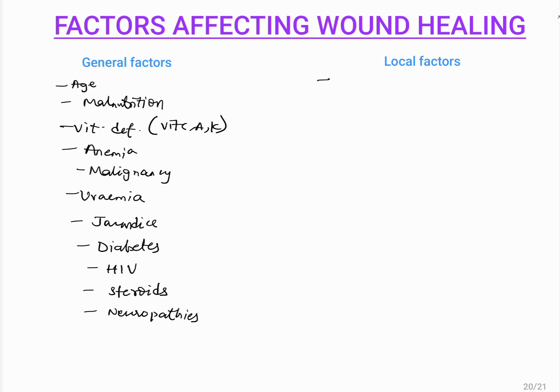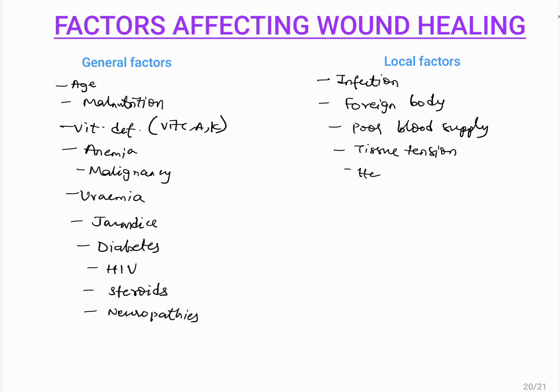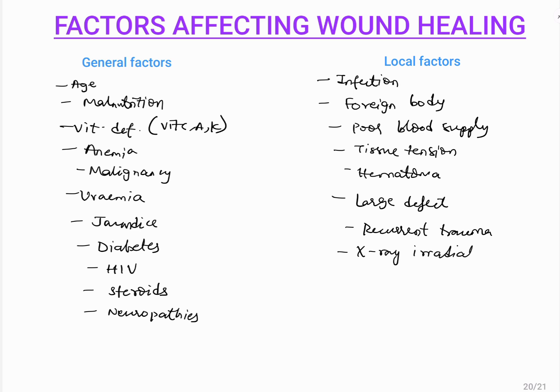When we come to local factors, they are like infection at the site of wound, presence of any foreign bodies, poor blood supply, excessive tissue tension, hematoma, any large defect, recurrent trauma, X-ray irradiated area, the site of wound.